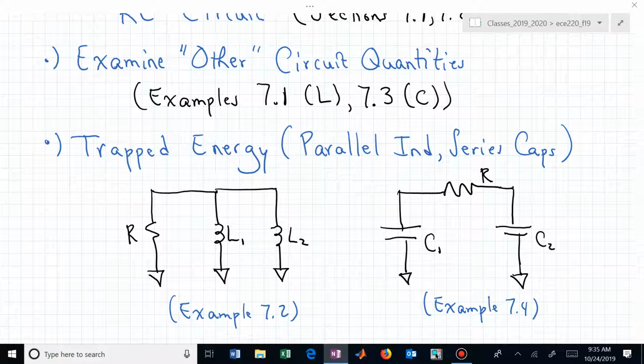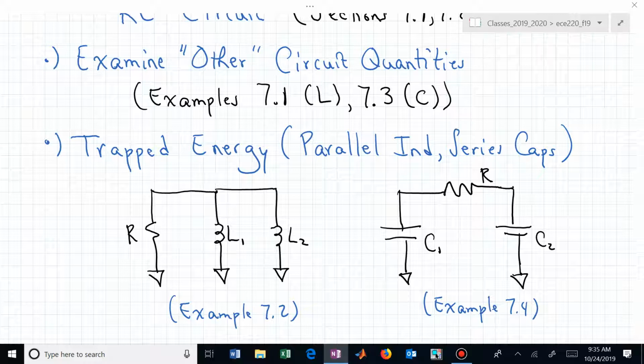You've drawn them, make them look like they're in parallel, but they're not in parallel, are they? They don't have two nodes. Their two nodes at each end are not shared, but their common node is common. That's what puts them in series.